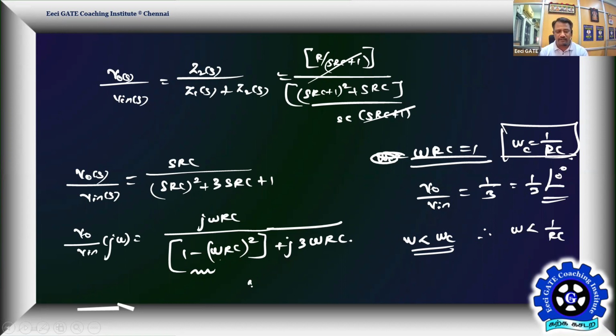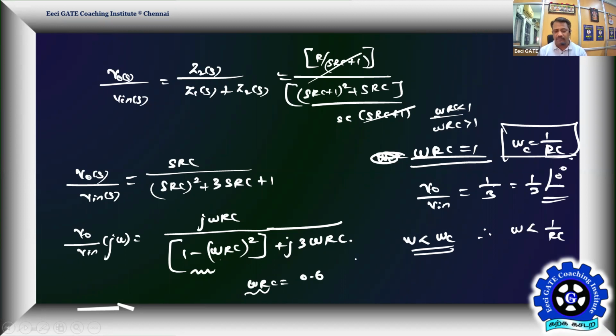Let me take omega RC less than 1 and omega RC more than 1, so automatically omega less than 1 by RC and omega greater than 1 by RC you will get. Let me take any number which will give a round number.